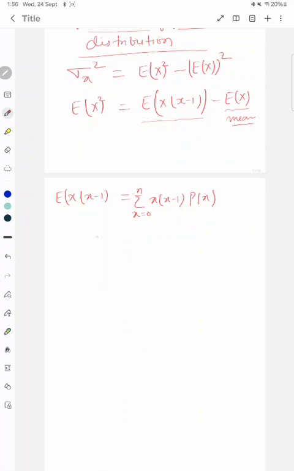Then we expand the p(x), summation of x 0 to n x into x minus 1 into nCx and p^x q^(n minus x).